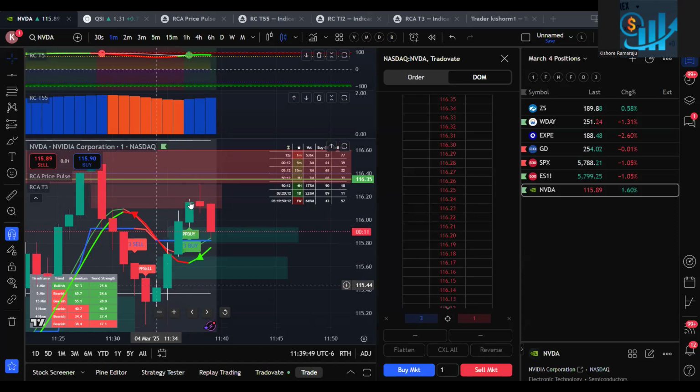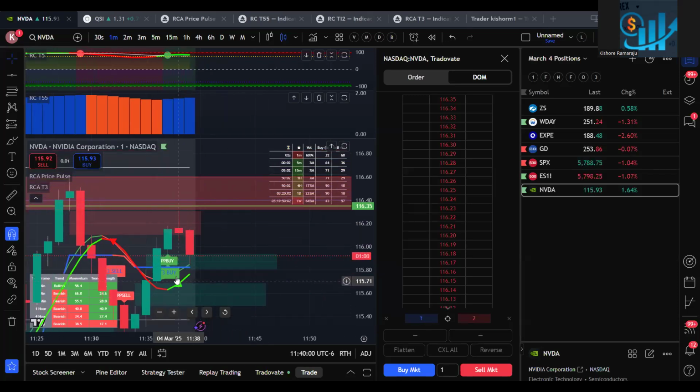So whenever the price goes away from this line, again it will try to come back and again go up. And again it will come back, touch this T5 line and go up. So T5 is like its base location. So it will come, touch the base location and go up again.